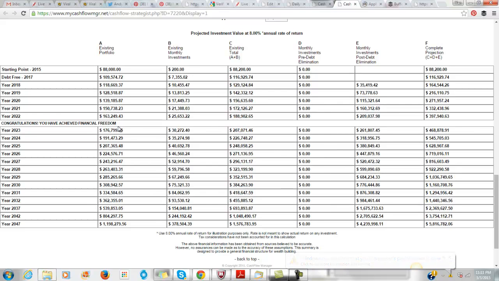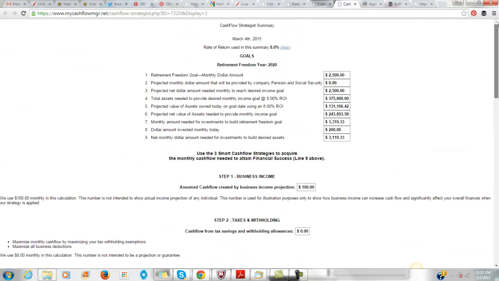Because the money that I said that I needed, which was the $2,500 a month, is actually what I need, a total of $243,893.58 is what I need to achieve that amount. I need to fund this additional money to put into an investment account.